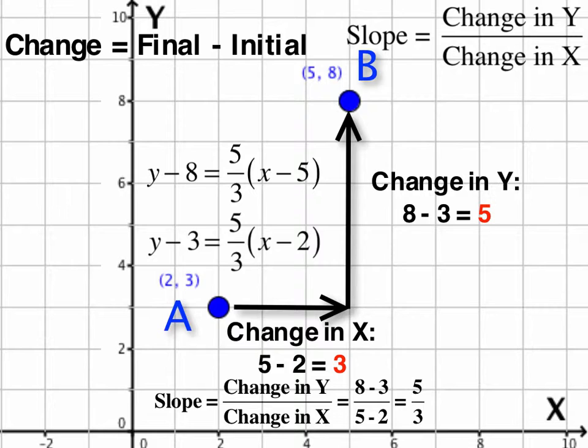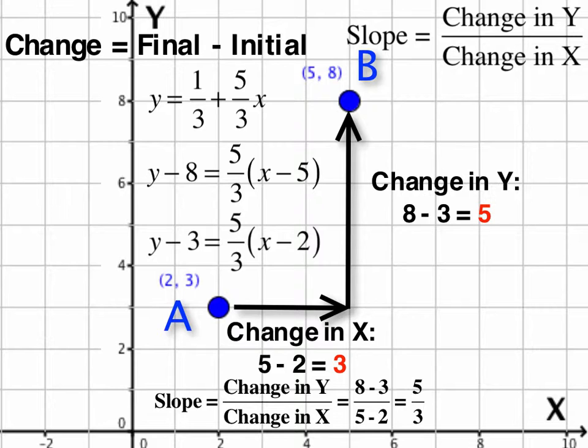But if we put either of them into slope-intercept form by solving for y, we end up with y equals 1/3 plus 5/3 times x. So they're the exact same equation, just written a little bit differently. So we actually found 3 different equations, all of which have a graph that's the line containing the points (2, 3) and (5, 8).